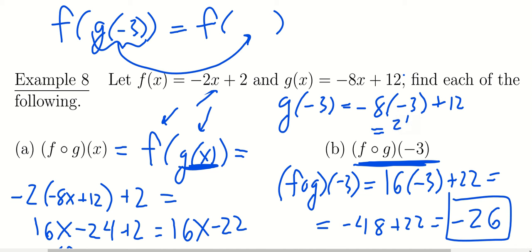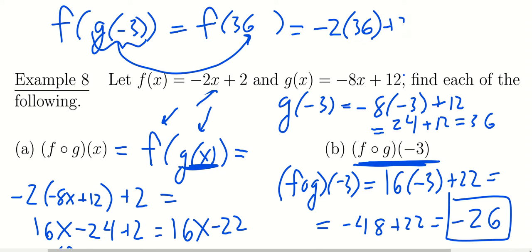That's going to be a positive 24 plus 12, which would be 36. We now take the 36, plug it into f. That's going to give us negative 2 times 36 plus 2, which is negative 72, plus 2, which is negative 70, and that's off.